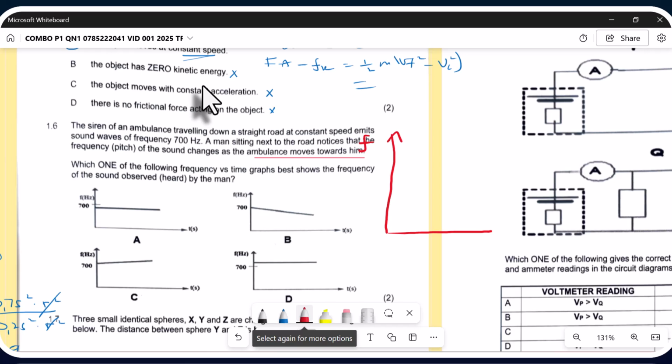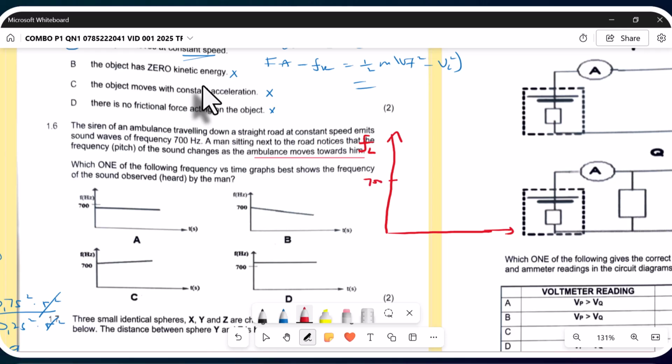If the ambulance is approaching you, we're going to have a higher frequency. Are you together? We're going to have a higher frequency like this. And then when it reaches where you are seated or standing, and then it bypasses you, the frequency is going to decrease suddenly, and now it's going to be lower.